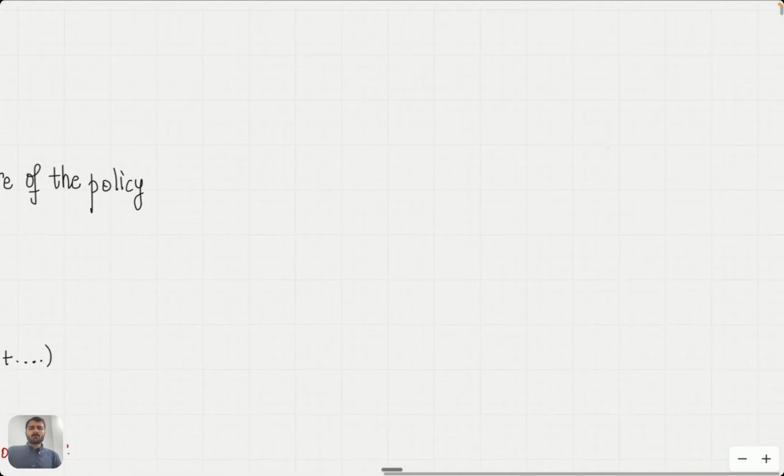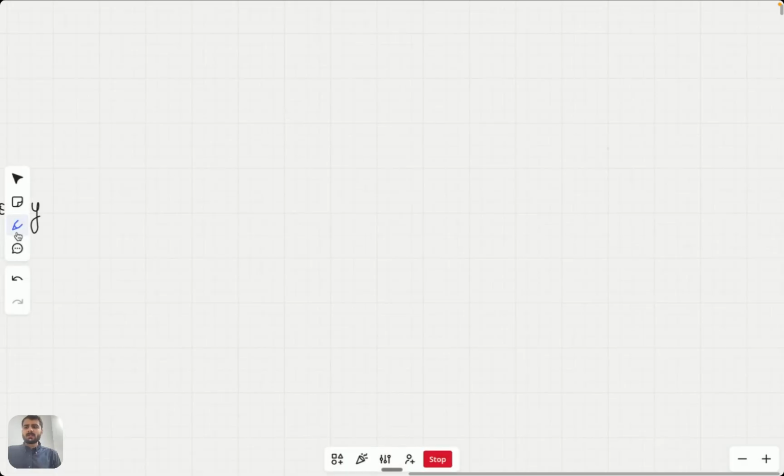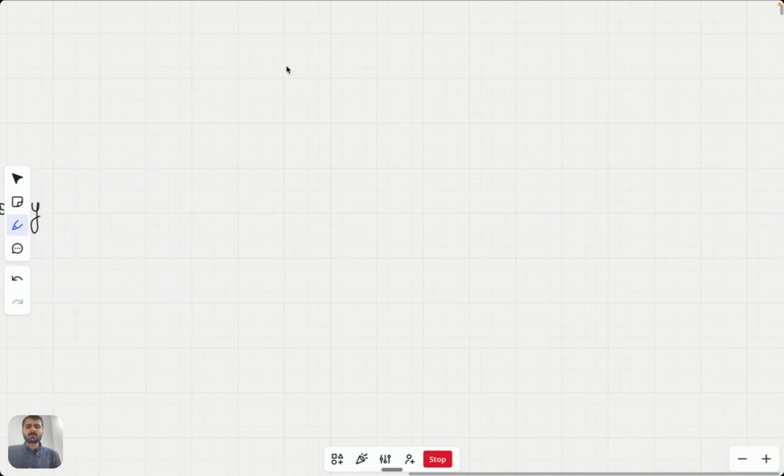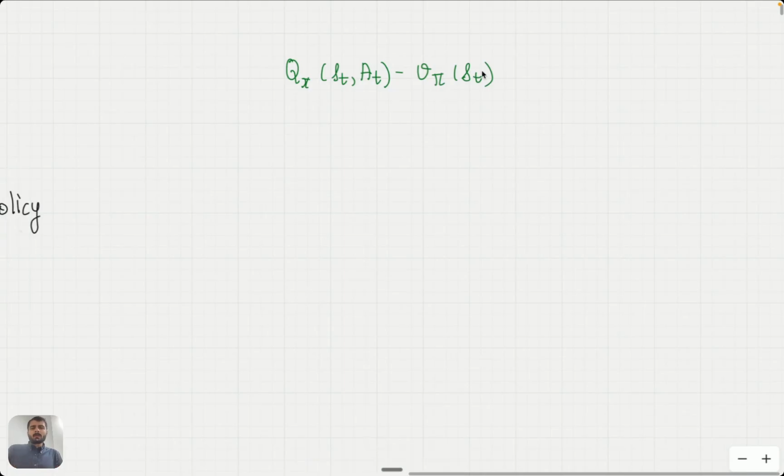What we saw was that the advantage function denotes the difference between the state-action value function and the state value function, which is denoted by Q pi of st comma at minus V pi of st. Intuitively, this means how much better or worse your current action is compared to the default behavior of the policy.